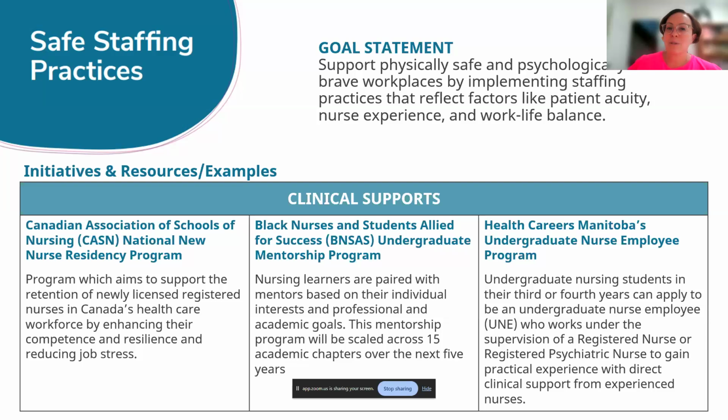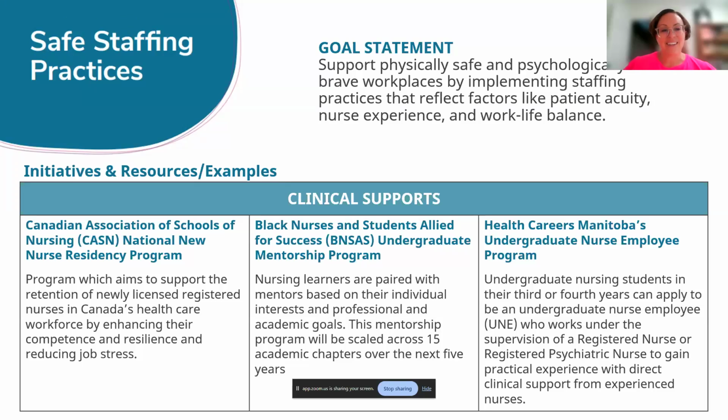It really is about supporting physically safe and psychologically brave workplaces by implementing staffing practices that reflect factors like patient acuity, nurse experience, and work-life balance. And I really stress that this is ultimately something that is about protecting providers and protecting patients. And that is really the impetus for this theme on safe staffing practices.